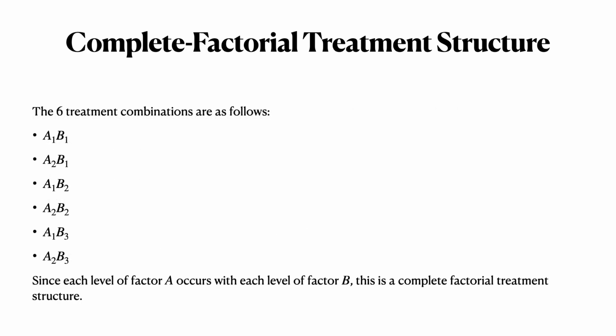The 6 treatment combinations are as follows: A1B1, A2B1, A1B2, A2B2, A1B3, A2B3. Since each level of factor A occurs with each level of factor B, this is a complete factorial treatment structure.